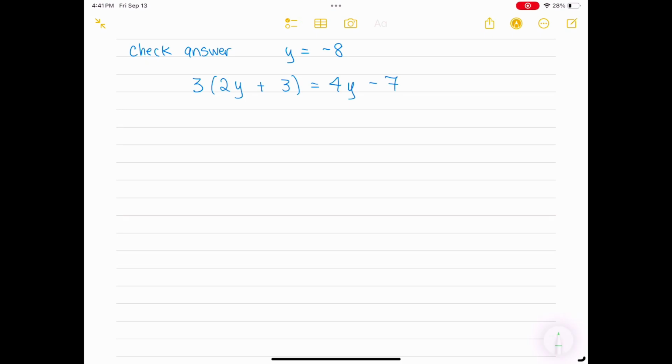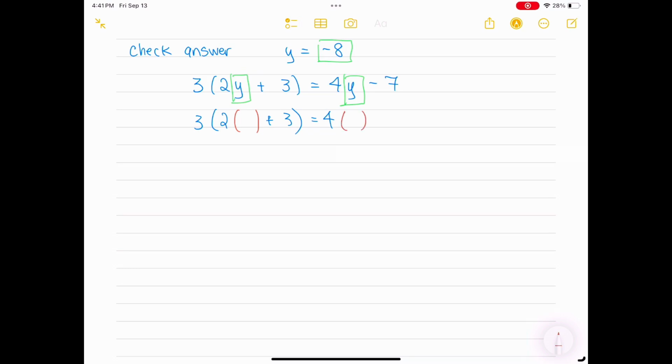I rewrite that equation on the next line using open parentheses in place of y, so that I can plug in my solution, negative 8, as a substitute for y.